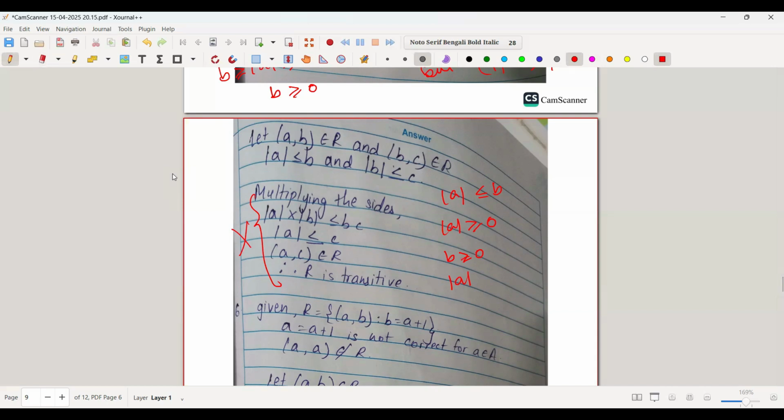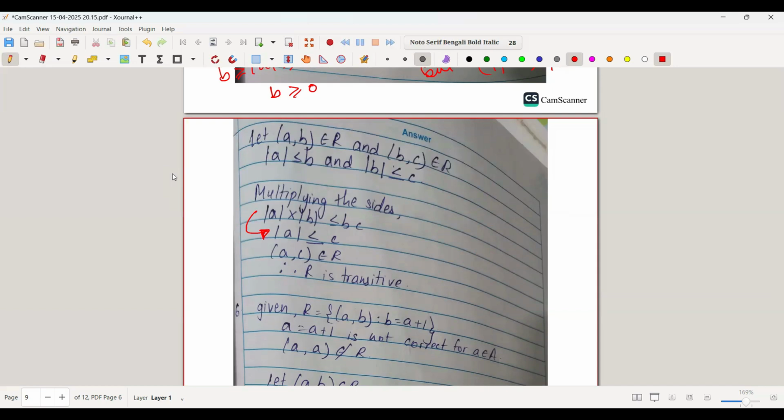From this line to this line, how can you write this? Why have you written this? Tell me. Why have you cancelled mod B? On the left hand side there was mod B and on the right hand side there was only B. So how did you cancel these two?